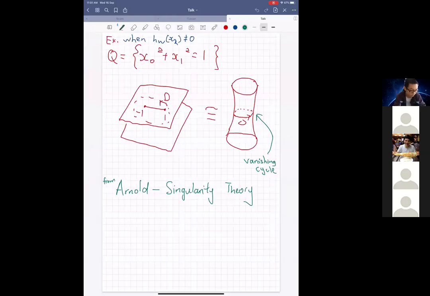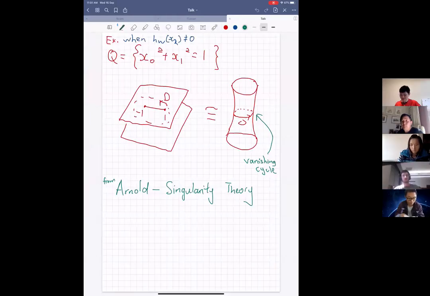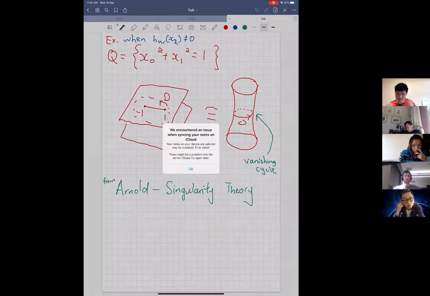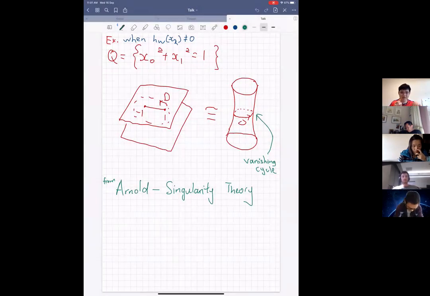Okay, so yeah, almost the same as Brian, but I add on some terminology. Last time we introduced the definition of Milnor fibration, and today I want to start with this example here. So let's say this is a small dimensional example.